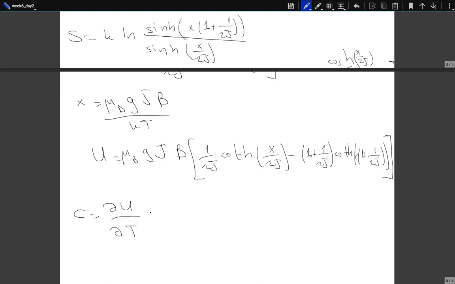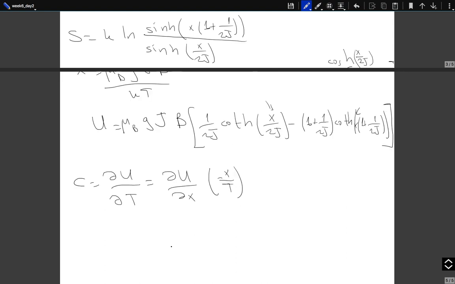Well, this will be equal to, again, dU by dx. Well, the temperature dependence is only through the x over here and x over here. There's no other temperature dependence. So it's dU by dx times the derivative of x with respect to T, which is minus x over T. This is equal to, now let me not take the derivative.